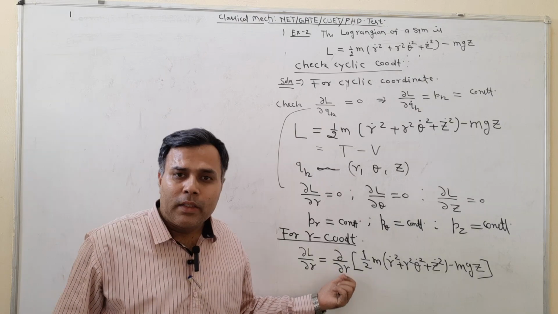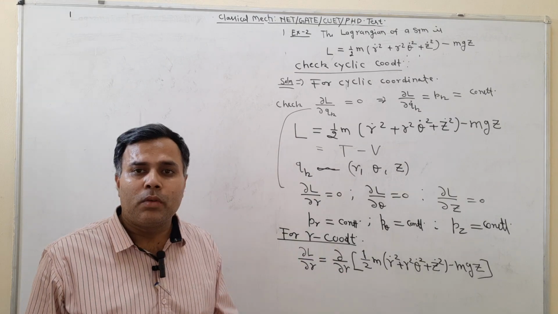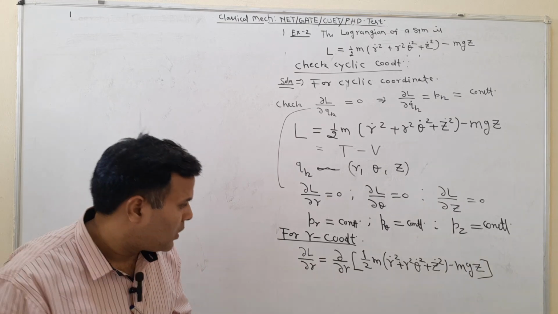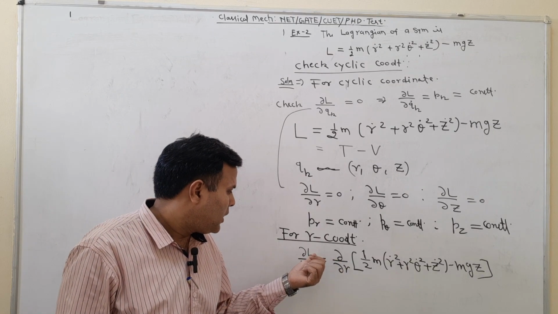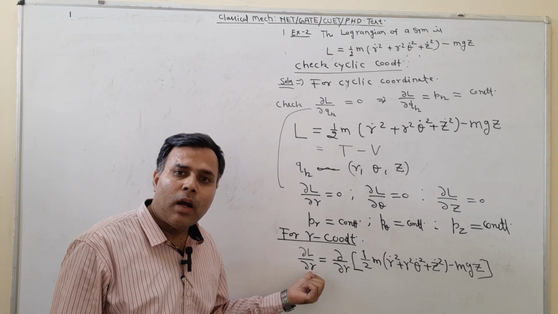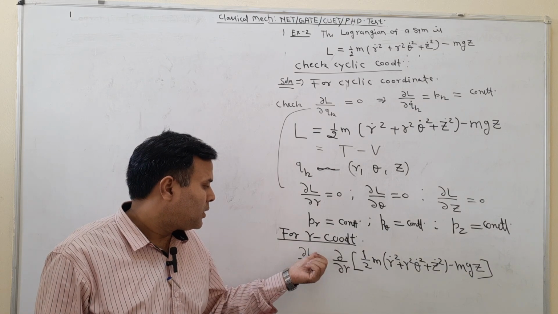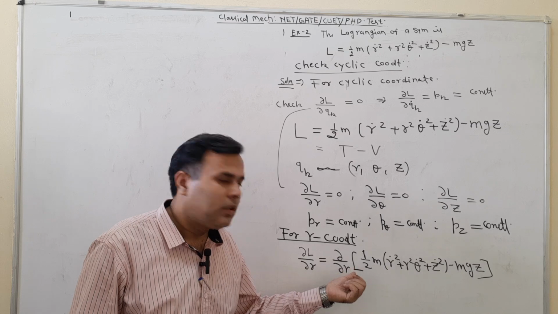This is a partial derivative, because our Lagrangian equation of motion is a second order partial differential equation. Del L upon del r means differentiating L partially with respect to r.